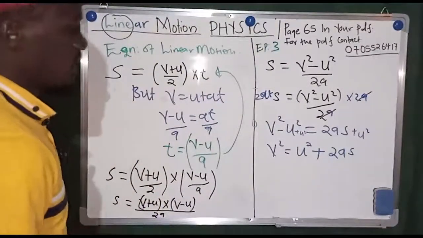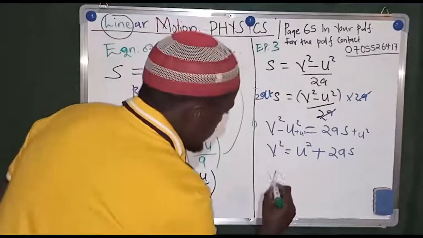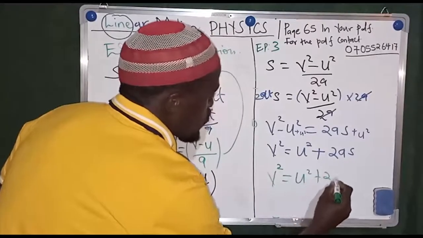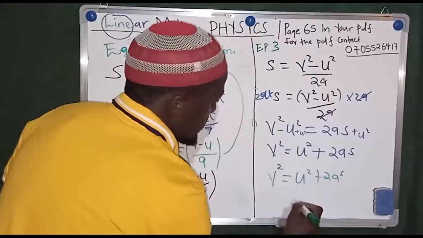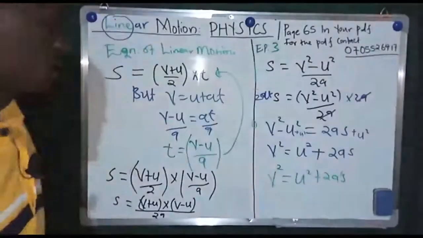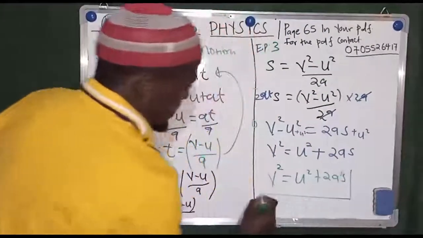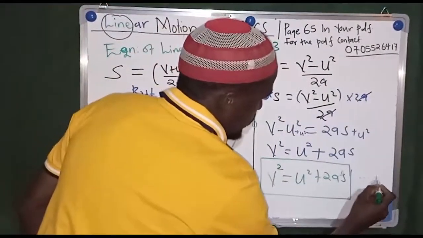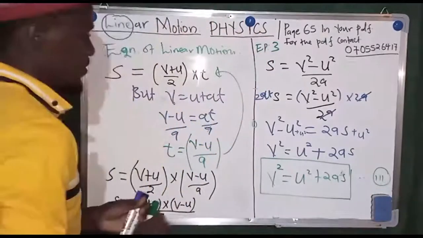Now, this becomes our third equation, which is v squared is equal to u squared plus 2as. This is the third equation of linear motion.